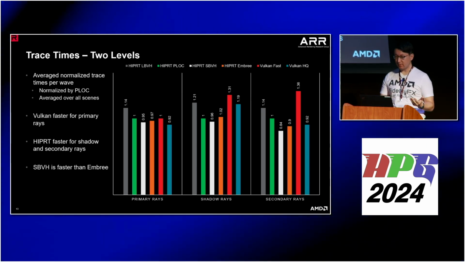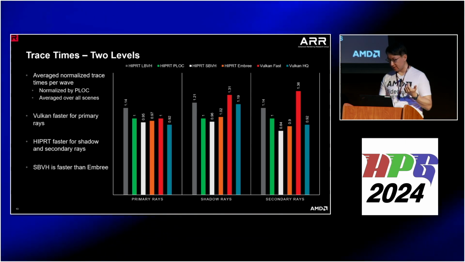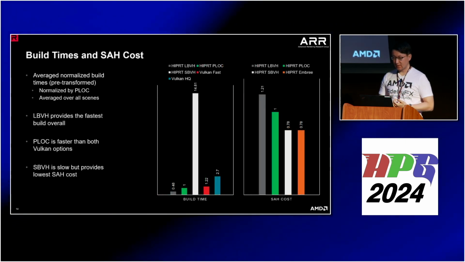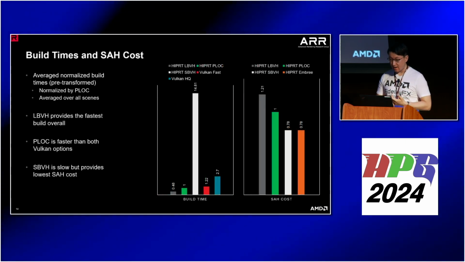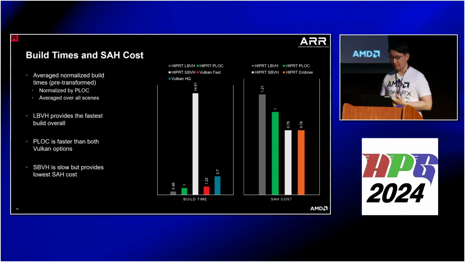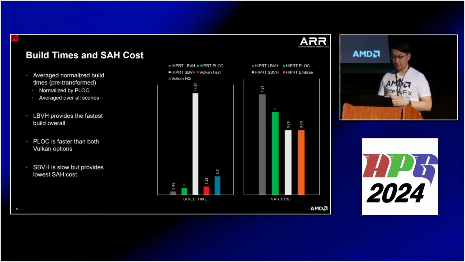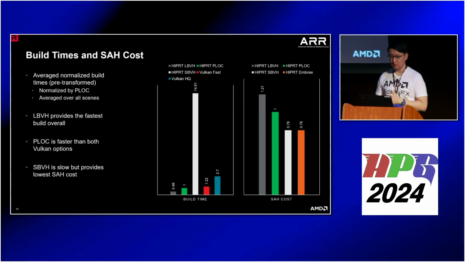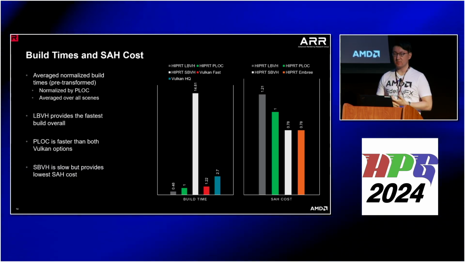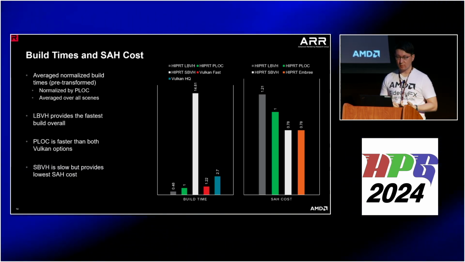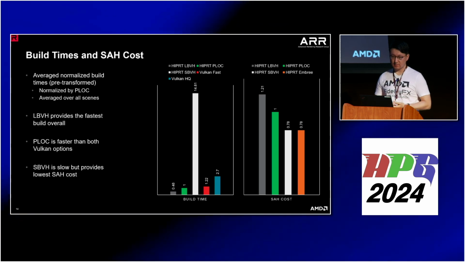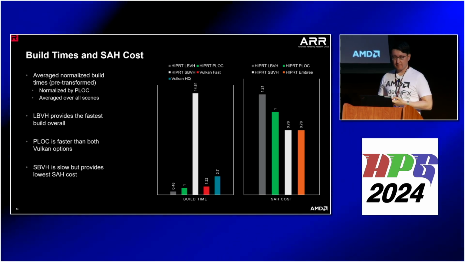So SBVH is pretty good, but the build times are way higher, more than five times higher than for other builders. But this is not a big problem, as you will see on the next slide. If we reuse the BVH many times, which is the case in professional rendering, this becomes marginal.